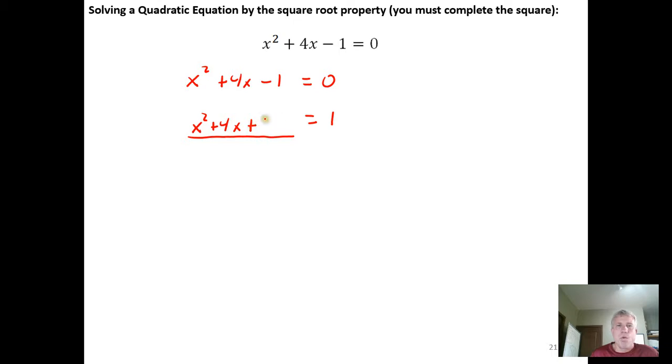And this is really the thing we're trying to complete the square on. We're trying to figure out what needs to go here to complete the area of that little square in the bottom right corner that we saw in the previous video. What goes there? And then what we want to remember from the previous video is that the coefficient on the linear term is half of the number that gets squared to give us this area.